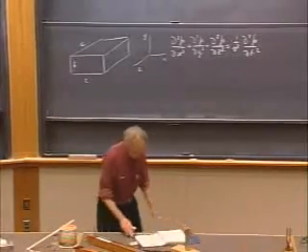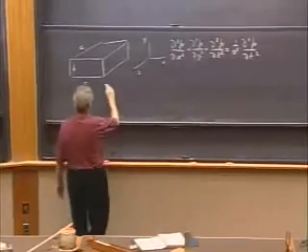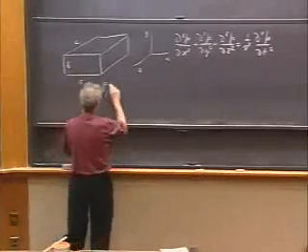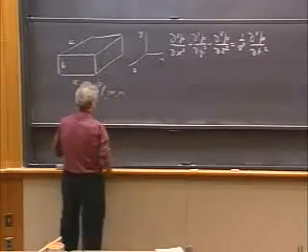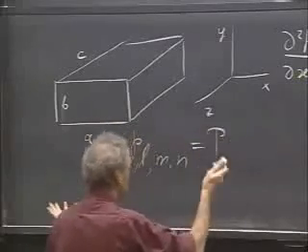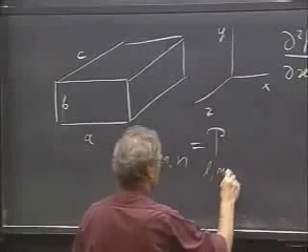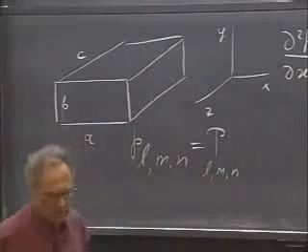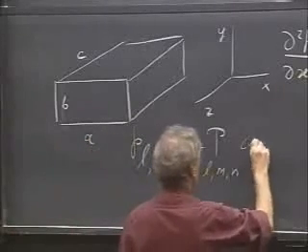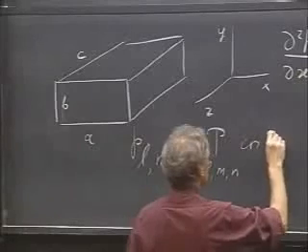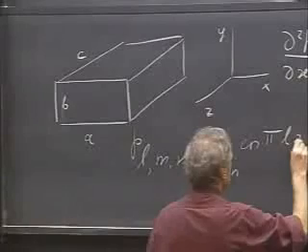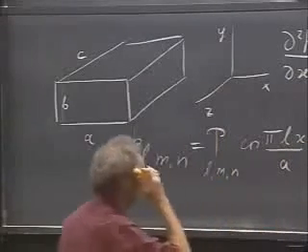And so the solution then for the pressure, in terms now of 3 quantum numbers, L as in lion, M as in Mary, N as in Nancy, is now some kind of an amplitude which can be chosen differently for the different modes. So I give them the index L, M, N, and then you get the cosine of pi times L times x divided by a.